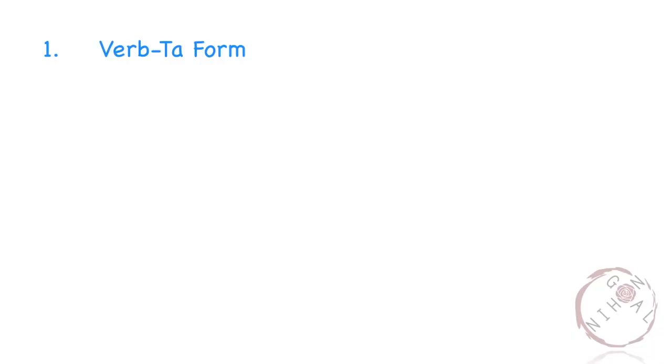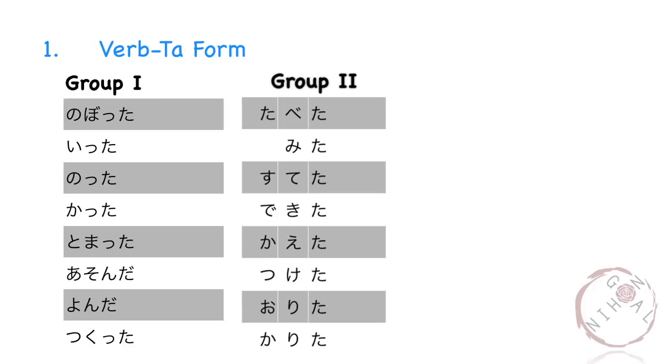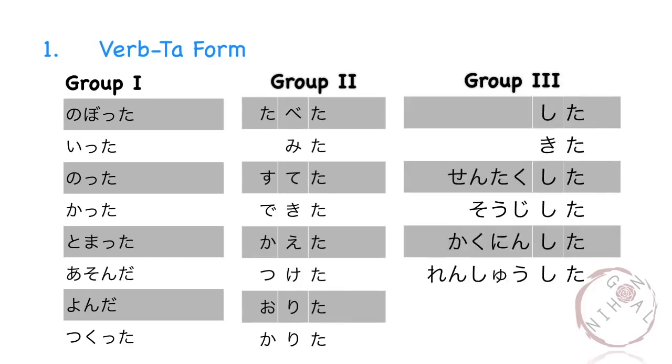So first, we've learned about ta form of the verb. So for group 1, we followed the rules in changing masu to te form, but instead of te, we use ta, and for de, we use da. For group 2 and group 3, we just change masu to ta.